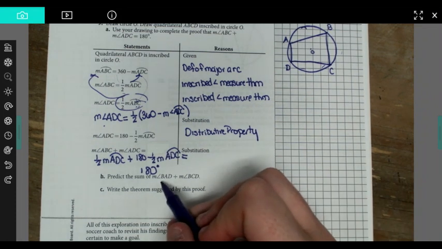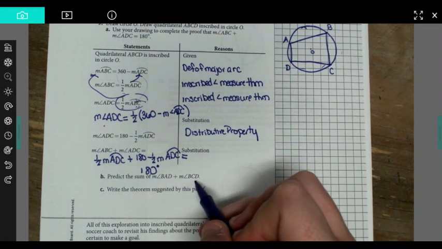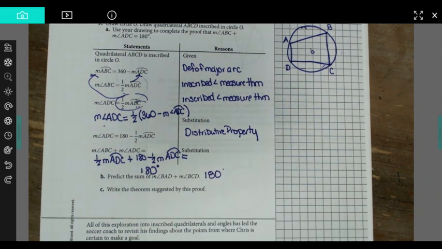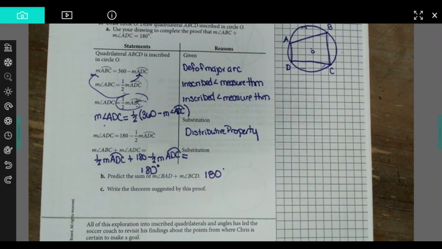B, predict the sum of BAD and BCD. I would also say that that is 180 degrees. It says, write a theorem suggested by this proof.